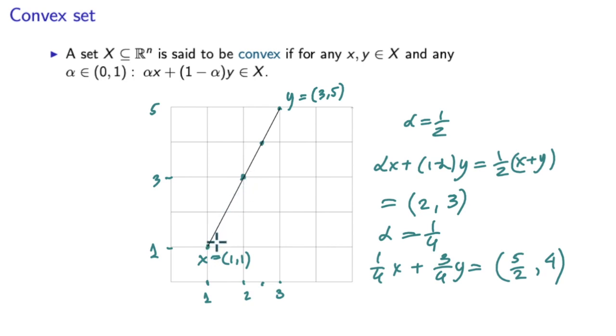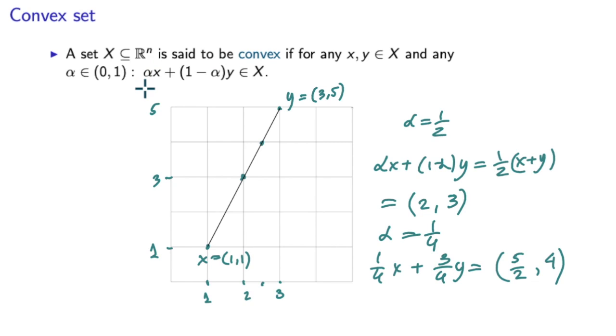And if it is less than 1/2, then you will be closer to Y. And we saw that when alpha is equal to 1/4, the point was closer to Y than it was to X. All right, so we have a 1-to-1 correspondence between the points in the line segment between X and Y and the points in the convex combination of X and Y.